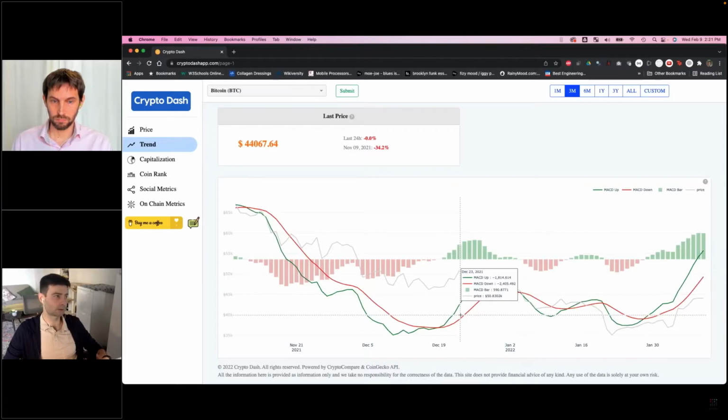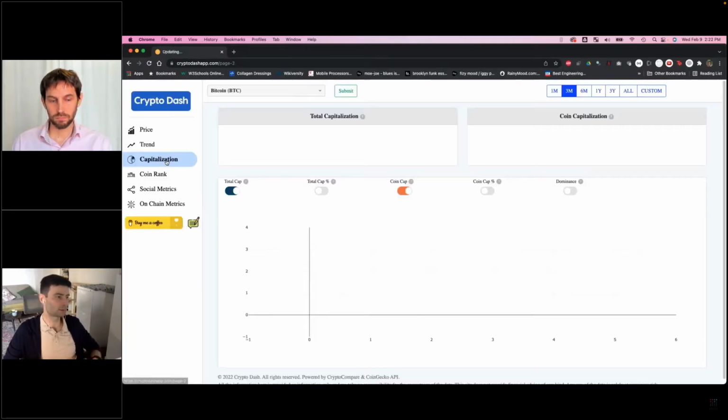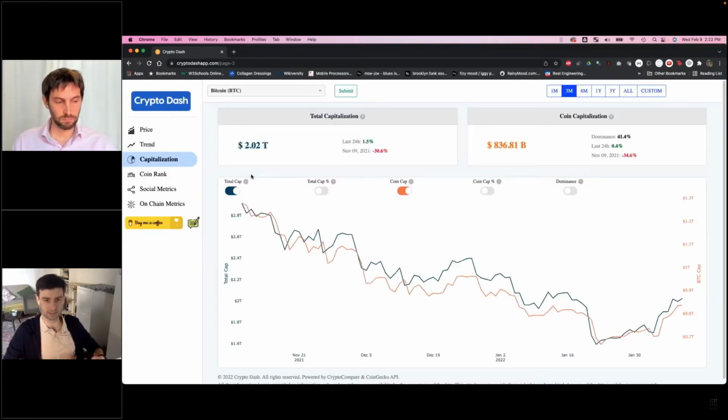So now after these two tabs, we kind of have a good understanding about the price action. The third one is looking at the capitalization. And I noticed in the crypto market, the total market is a good indicator to compare a given crypto.